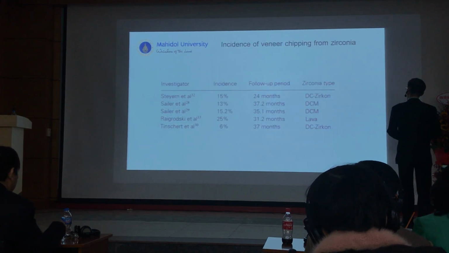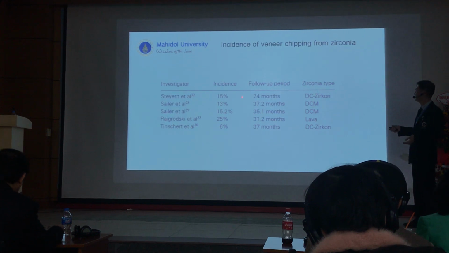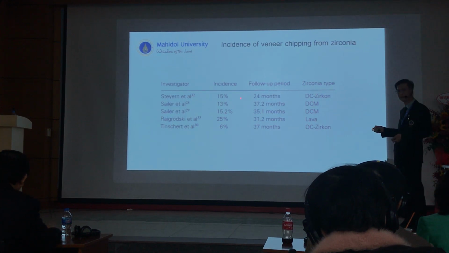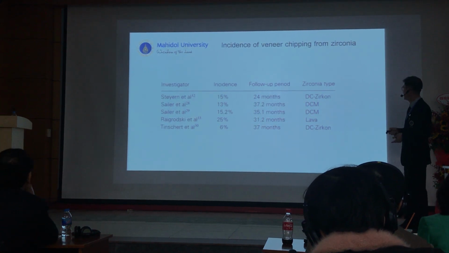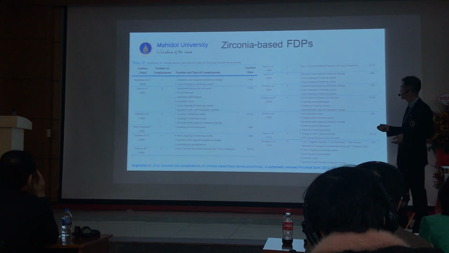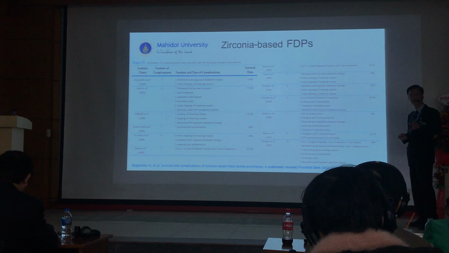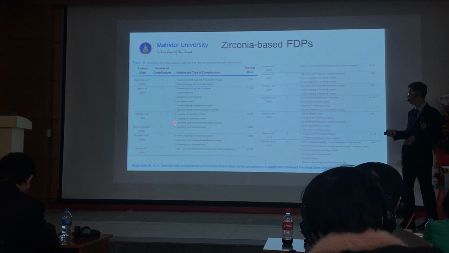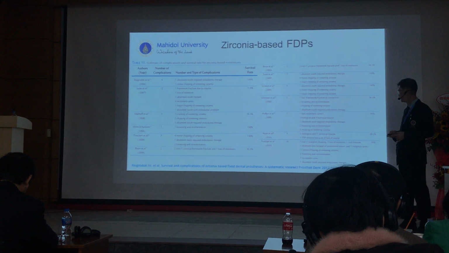There are a lot of studies that found chipping of the ceramic from the zirconia, like 50%, 30%, sometimes 75%. Okay. There are a lot of studies talking about chipping, or even all the porcelain coming off the zirconia. A lot of studies found that the zirconia chipping occurred at the veneer material of the zirconia.